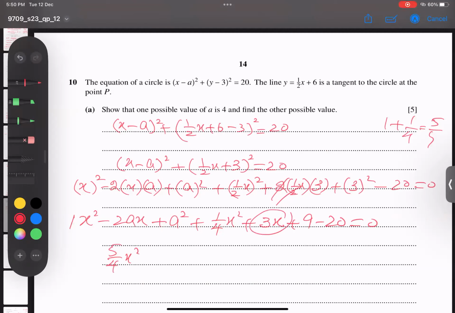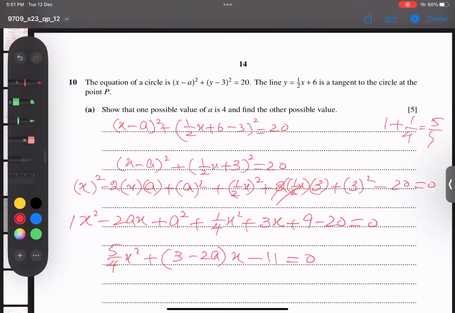There are two x terms, but I will take x common. Look here, x common, I got 3 from here, and from this x common I get negative 2a. I can also write in a different order, 3 before and 2a later, both are correct. Now 9 minus 20 comes to negative 11.